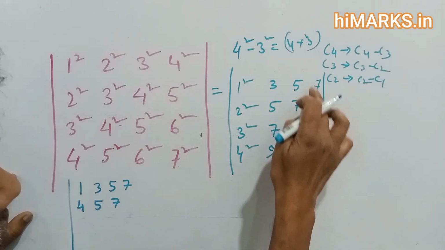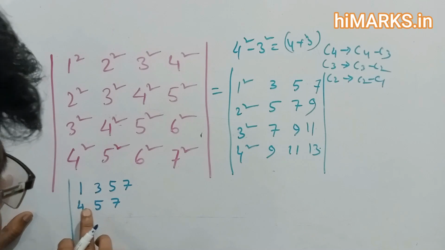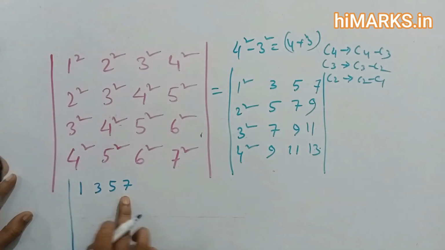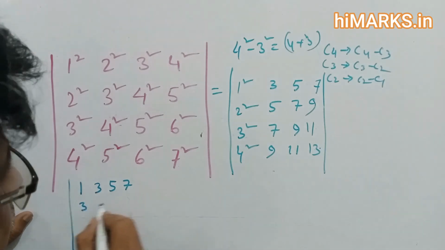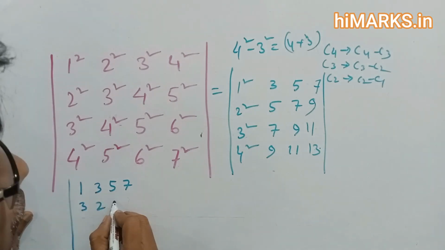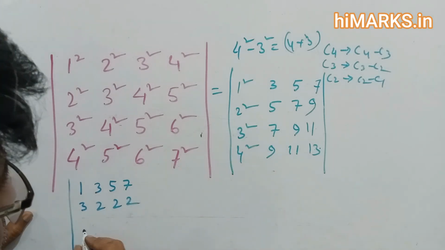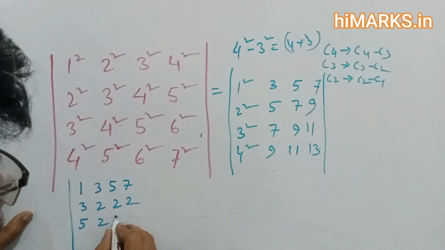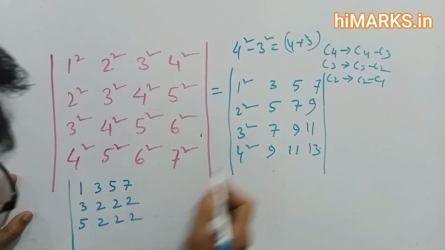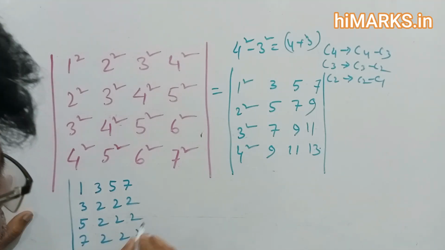So this minus this, 2 square minus 1 square, we'll get 3, 2, 2, 2. Here we'll also get 5 and then 2, 2, 2. Here we'll get 7, 2, 2, 2.